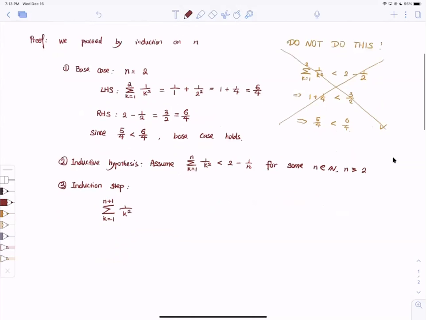So this equals the sum from k equals 1 to n of 1 over k squared, plus the last term, which is 1 over n plus 1 squared.